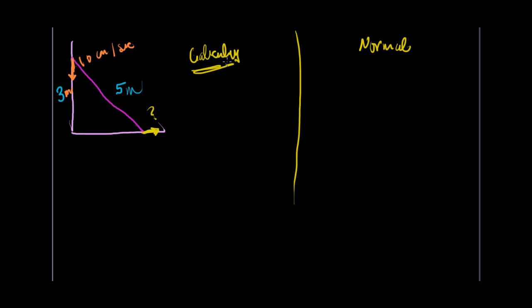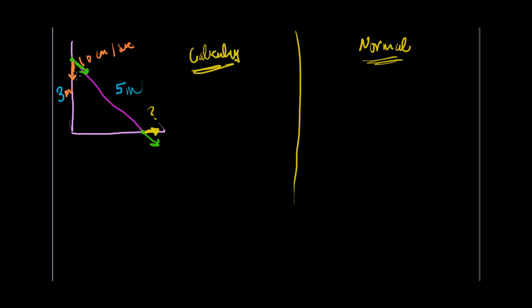Using calculus, I'll do that later on, but the simplest method is to realize that the length of this ladder is constant, right? So the component of the velocity of this point along the ladder must be the same as this point's component along the ladder. So you can kind of view this as a vector problem.